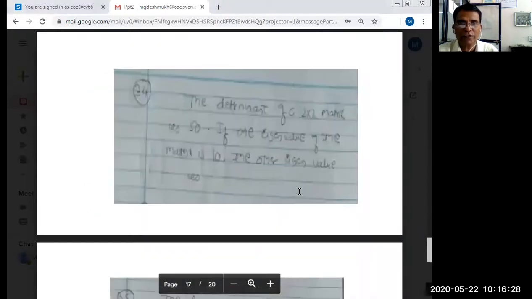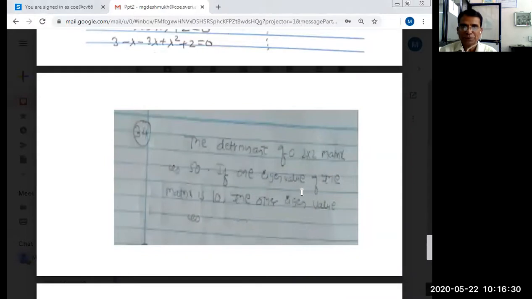Okay, next one. This is the fill in the blanks question. Please listen here. The determinant of a 2 by 2 matrix is 50.